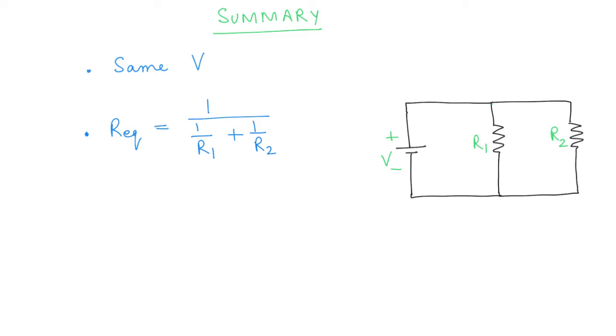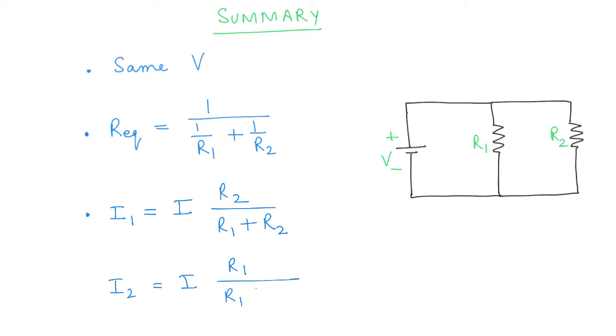And the currents through each of these branches, and I'll leave that for you to prove, is I1 equal to I times R2 by R1 plus R2, and I2 would be equal to I times R1 over R1 plus R2.